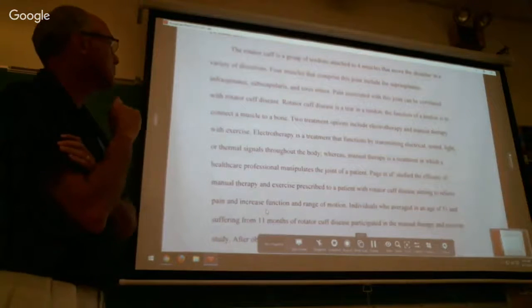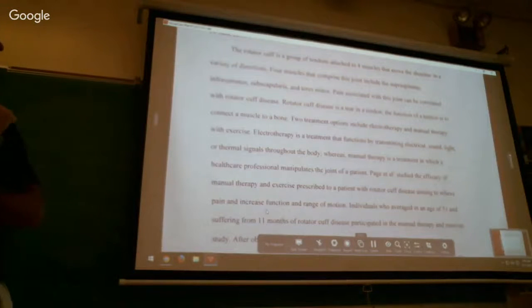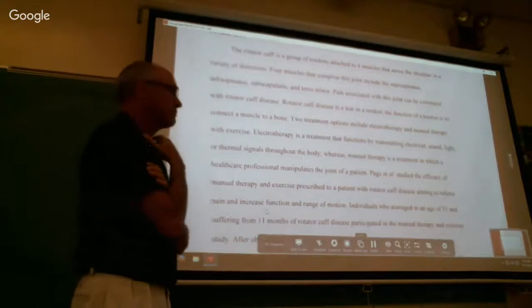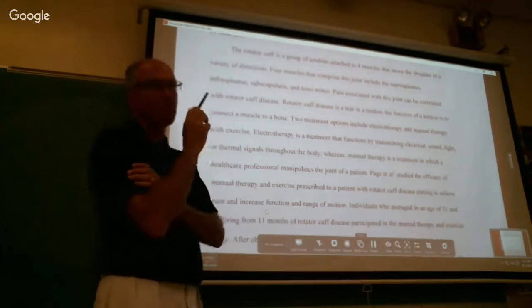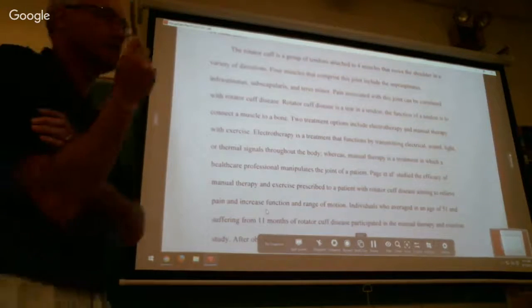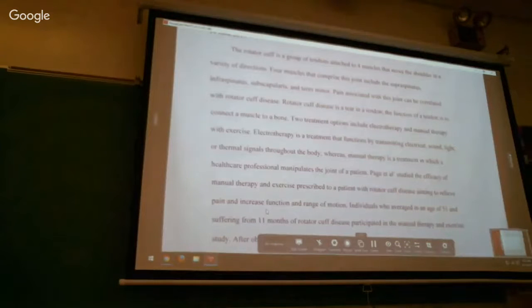All right, so rotator cuff is a group of tendons attached to four muscles that move the shoulder in a variety of directions. They are these muscles. But there's one thing that we need to get clear here when you're writing these papers, and that is you've got to understand who your audience is, right? Just because you don't know this doesn't mean that your audience doesn't know this.